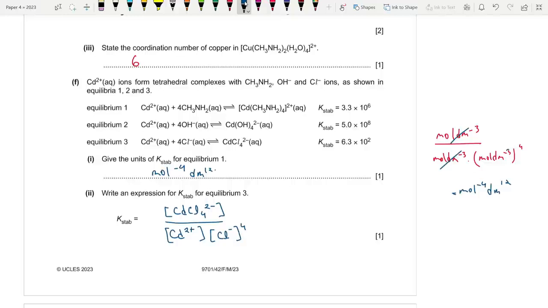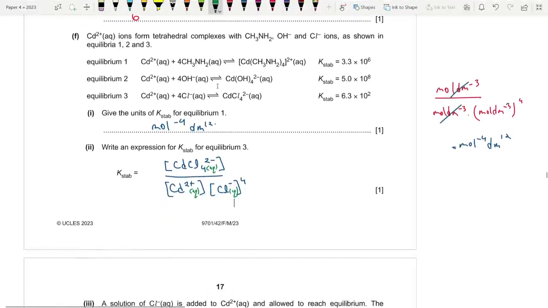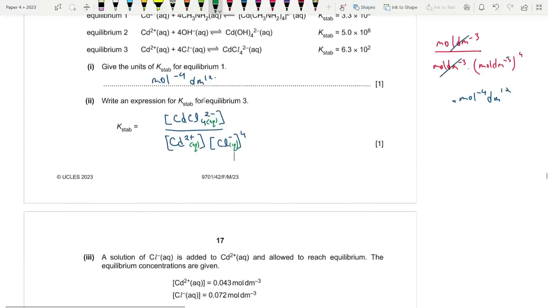The charge needs to be inside, and you should definitely mention the state symbols. They've been doing that recently, so you need to mention that, okay? The power should be outside the square bracket and the charge should be inside.